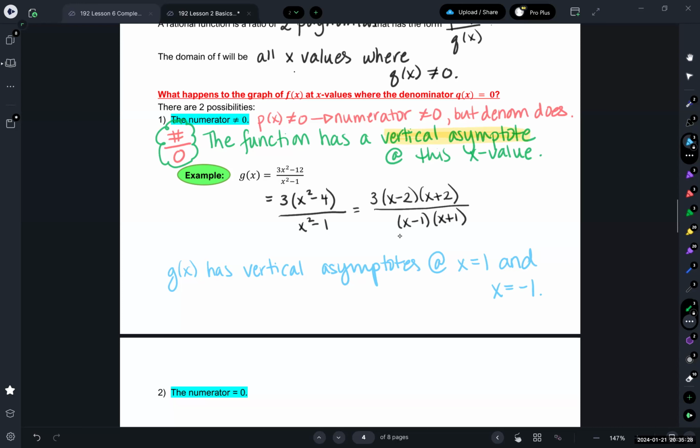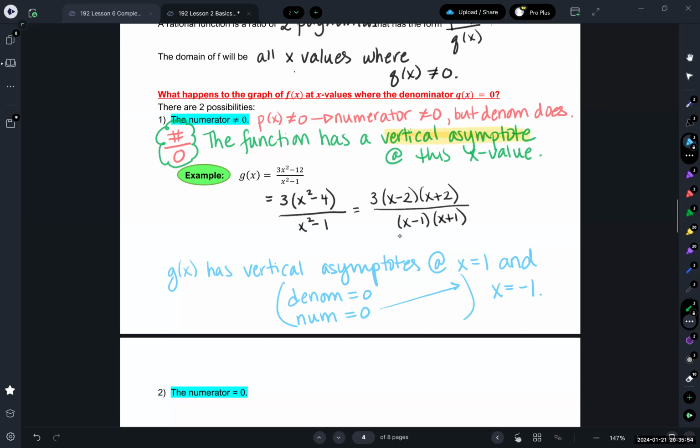And in both of those cases, to just be very clear, the denominator equals 0, but the numerator does not at both of those x values. That is what gives you the asymptote. And what does happen, by the way, when the numerator equals 0?